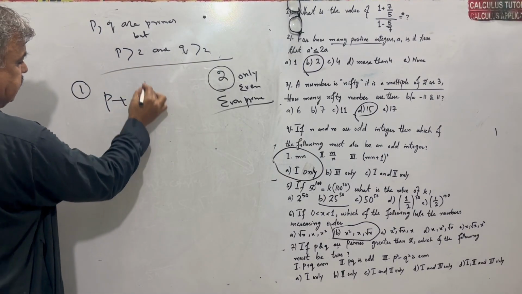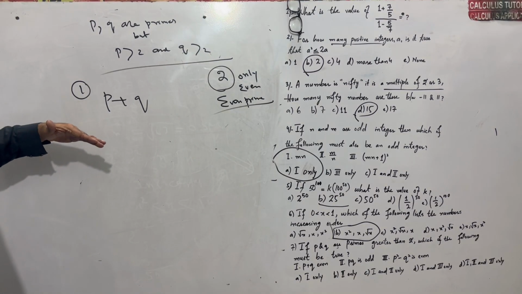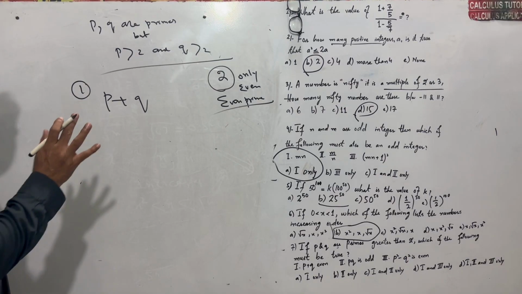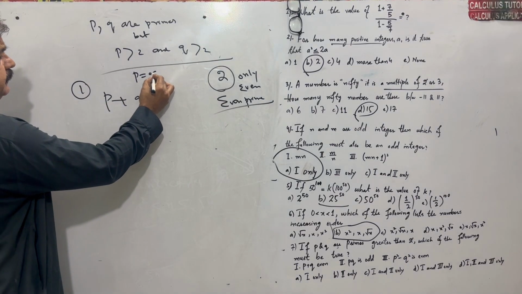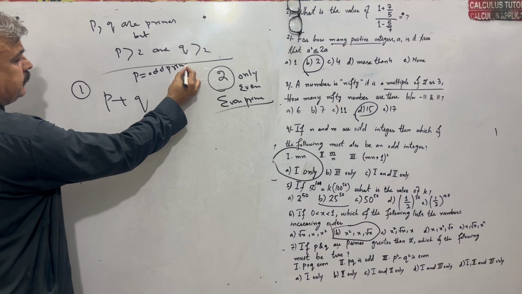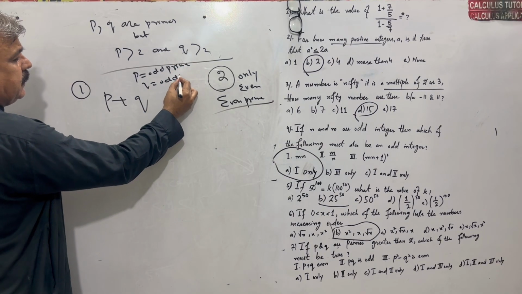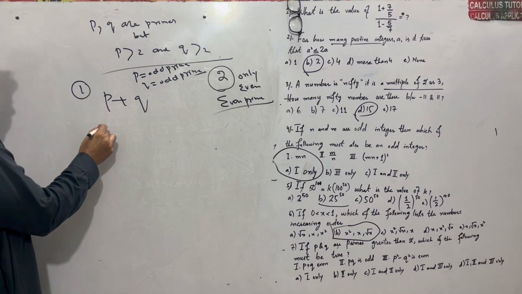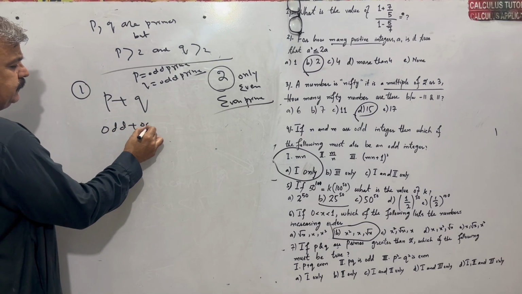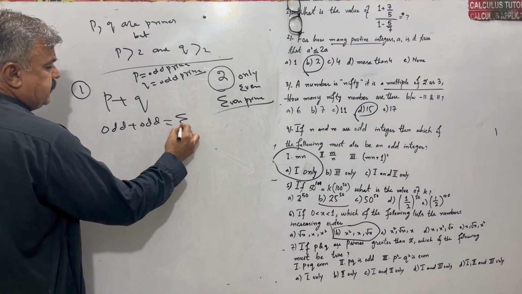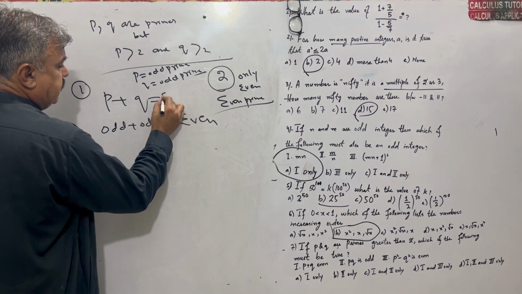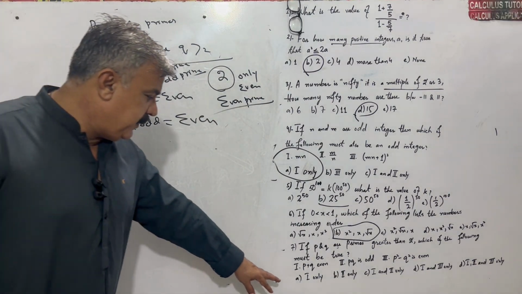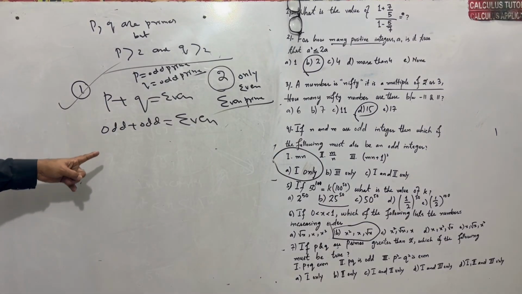As P and Q are greater than 2, P is an odd prime as well as Q is an odd prime. That's the key in this case. This is odd. This is also odd. Odd plus odd result is even. So number one option is valid. P plus Q is even. Good. We have done so.